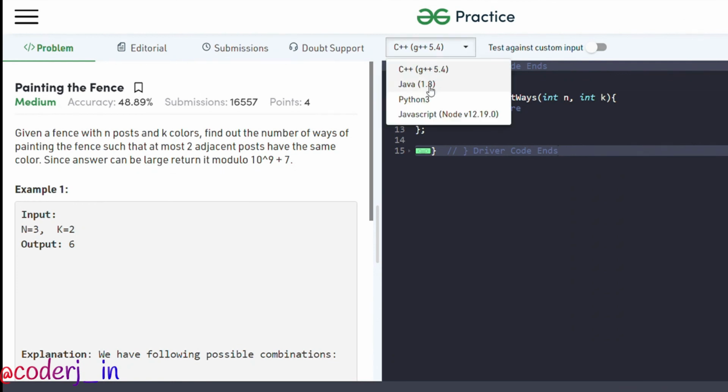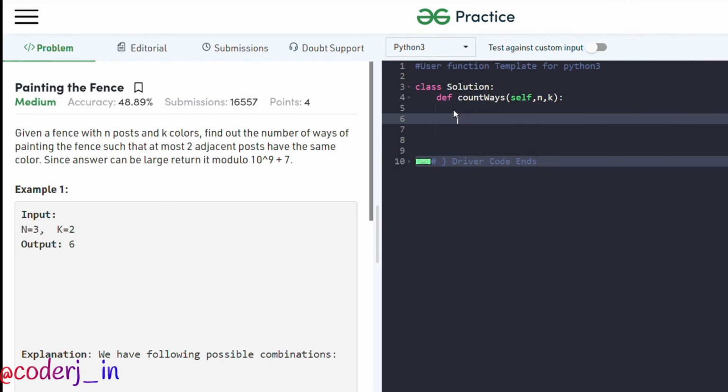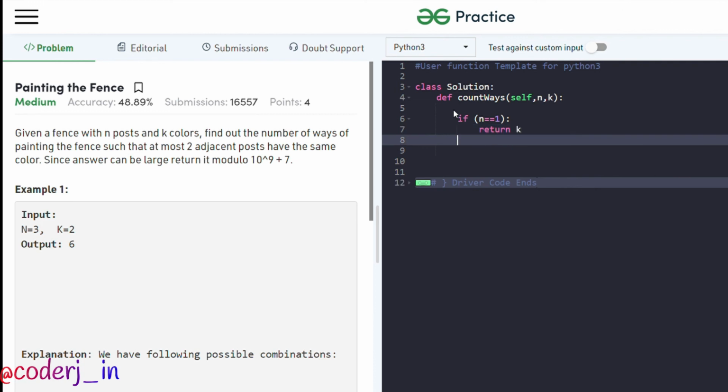Let's change the language. Got it. Let's start with the conditions. Firstly, if n equals 1, meaning there is only one pole, then the answer will be the number of colors that you have, right? What if you have 2 poles?